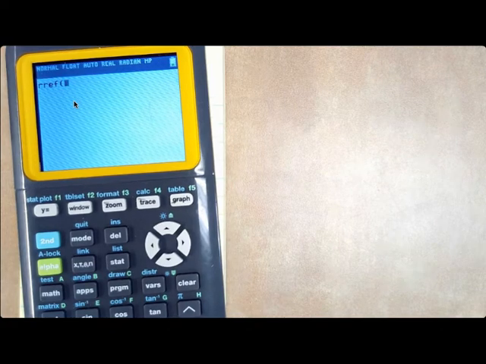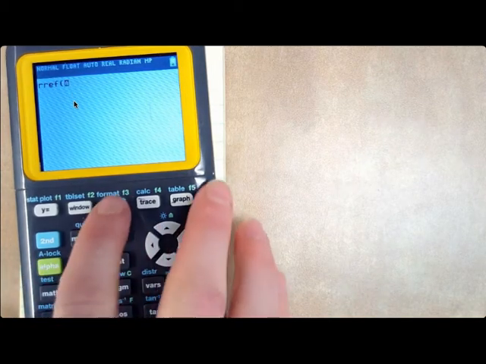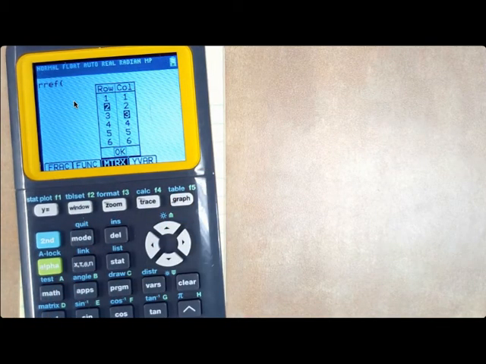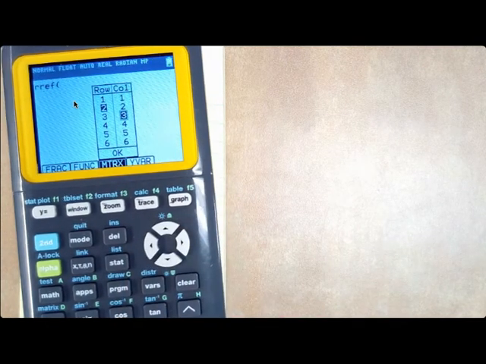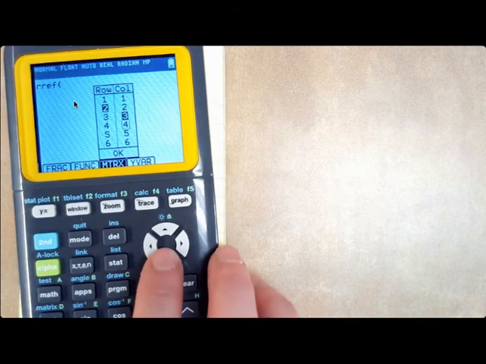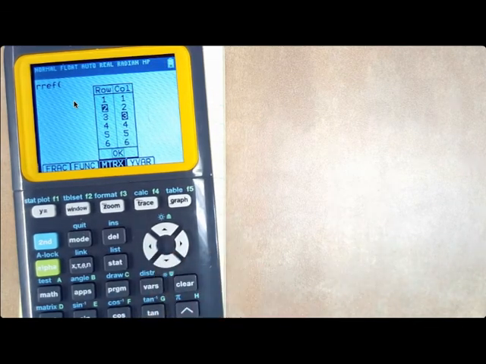And then we need to get to our matrix. Do you remember how I do that? Alpha, zoom. Change it to a 2x3. So you have to go up here, over, select 3 and push enter. And then go down to the bottom and push OK.